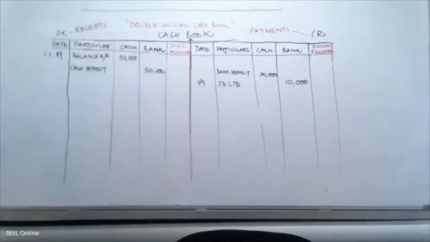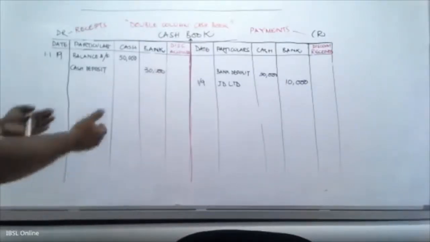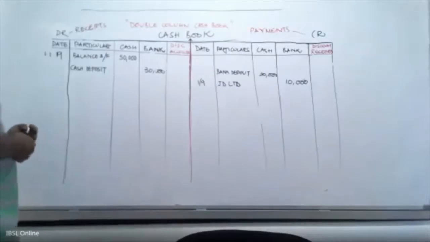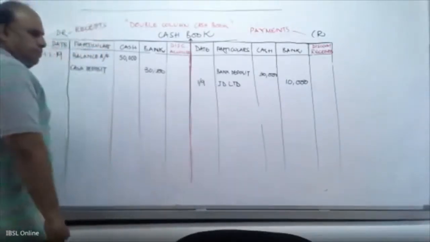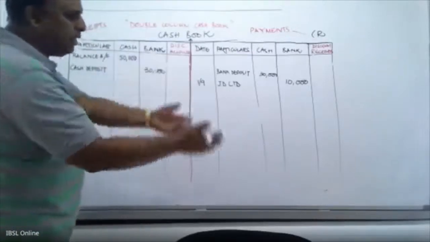Can you remember the policy? You can go back to the policy and see. The policy clearly says all checks are deposited the following day as per the company policy. What do you mean by that? If you receive a check today, you are not going to go and deposit it in the bank on the same day. You are going to deposit it the following day.